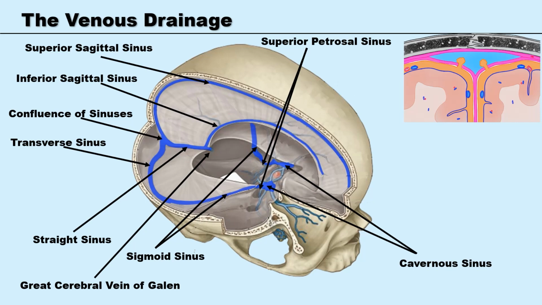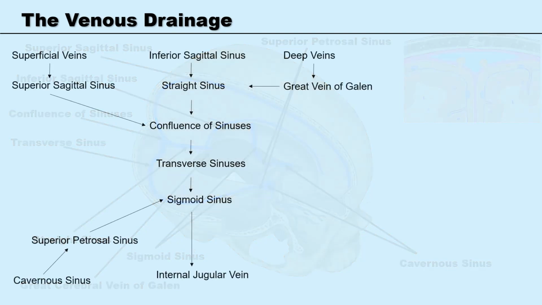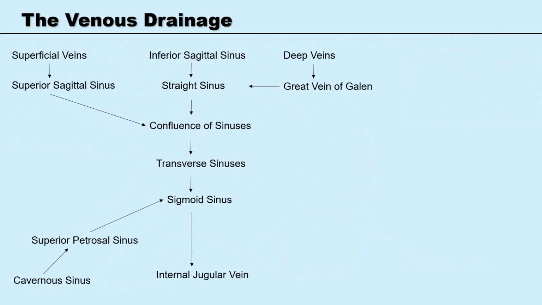But how do all these join together to provide a venous system? On this flowchart we can see the pathways of venous drainage. The superficial veins drain into the superior sagittal sinus, whilst the deep veins drain into the great vein of Galen.